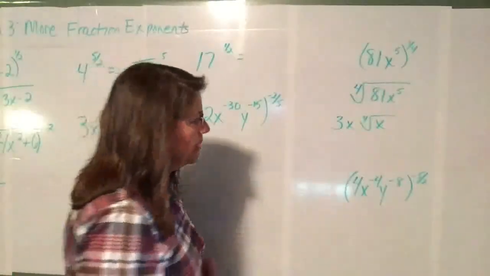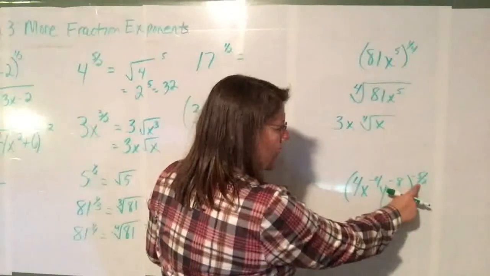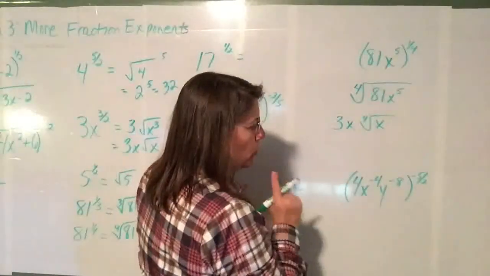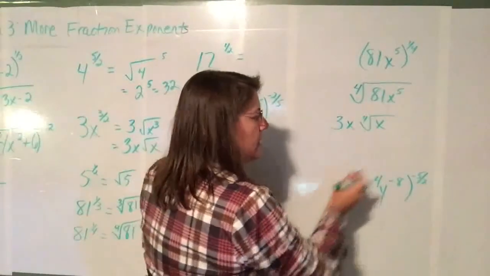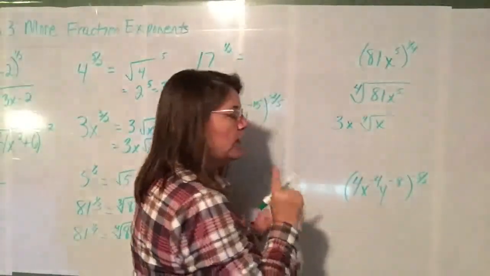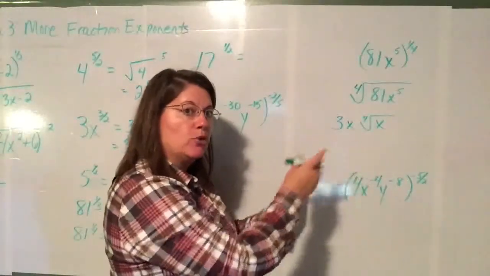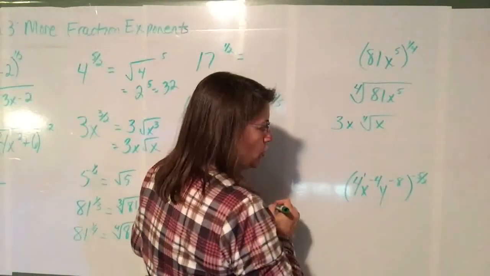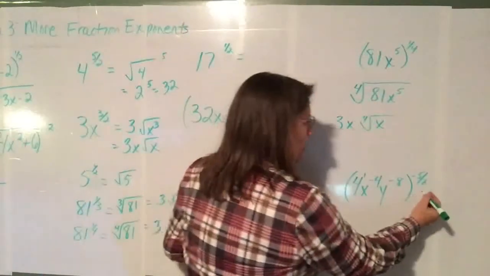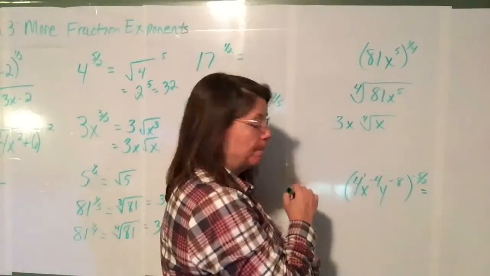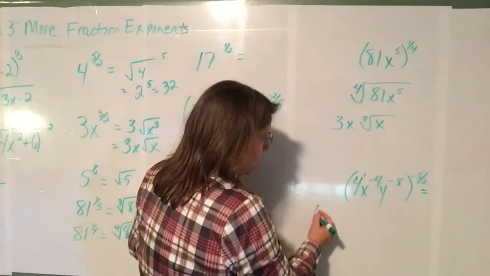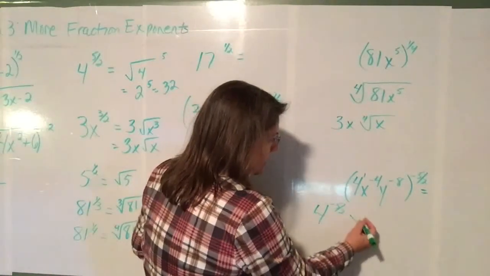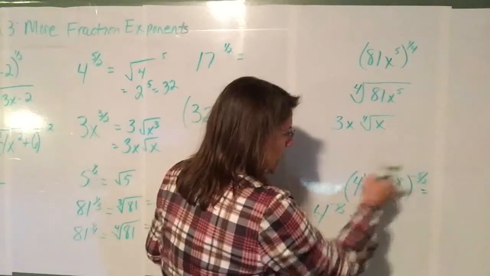For this one, that one is to a negative exponent, but notice some of these are negative as well. So when you have something in parentheses to a power, remember we are allowed to take that power and multiply it by all the powers on the inside. So this 4 is understood to be to a first power. So if I multiply that, I'm going to have 4 to the negative 5/2, x: negative 4 times negative 5/2.